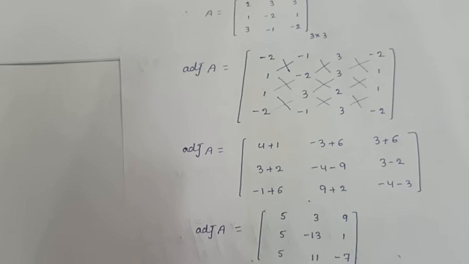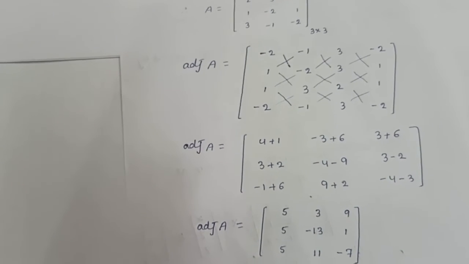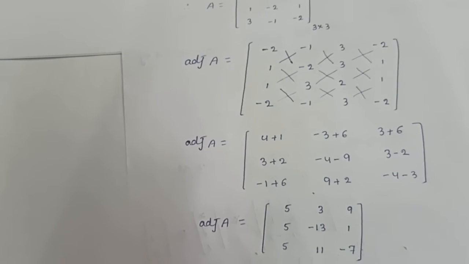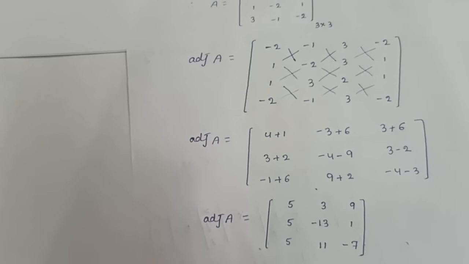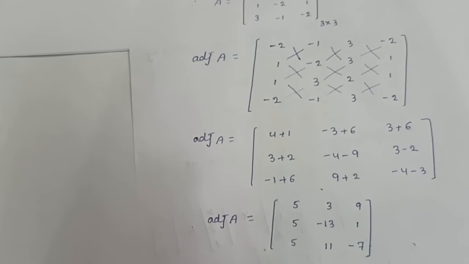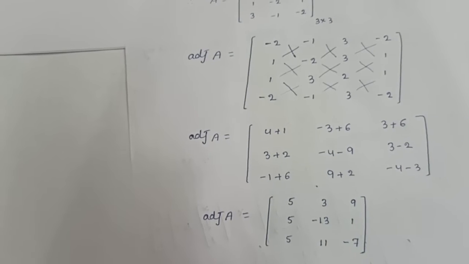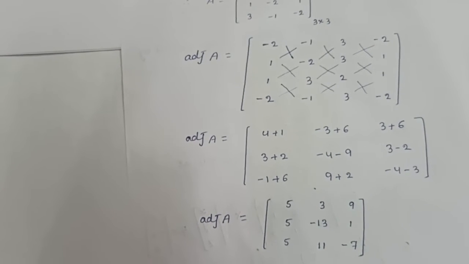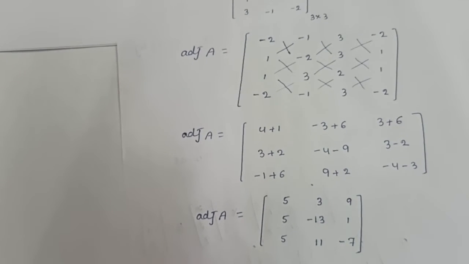Again the first column is repeated here, minus 2, 1, 1, minus 2. Now adjoint of A. Here the cross multiplication: minus 2 into minus 2 is plus 4, minus of minus 1 into 1 is plus 1. Again the cross multiplication: minus 1 into 3 is minus 3, and minus of 3 into minus 3 is plus 6. Again, 3 into 1 is 3, minus of minus 2 into minus 3 is plus 6.